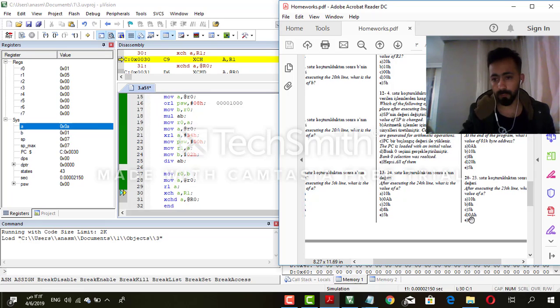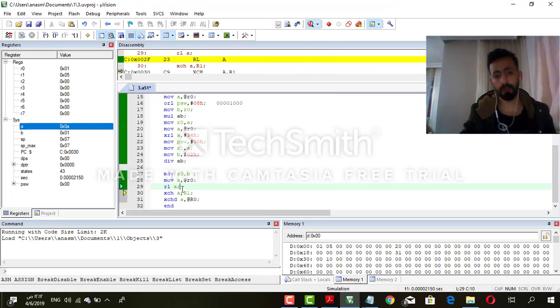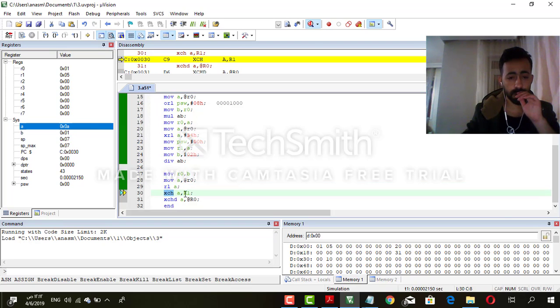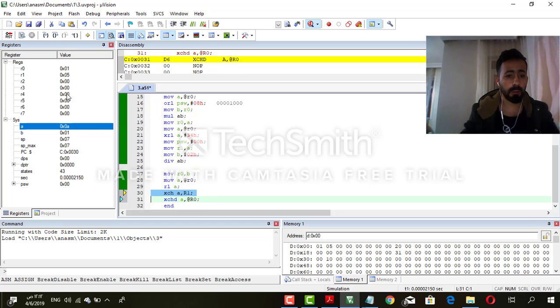After doing a rotate operation, the next command is exchange. Exchange, we just move the value of array 1 to a and the value of a to array 1.